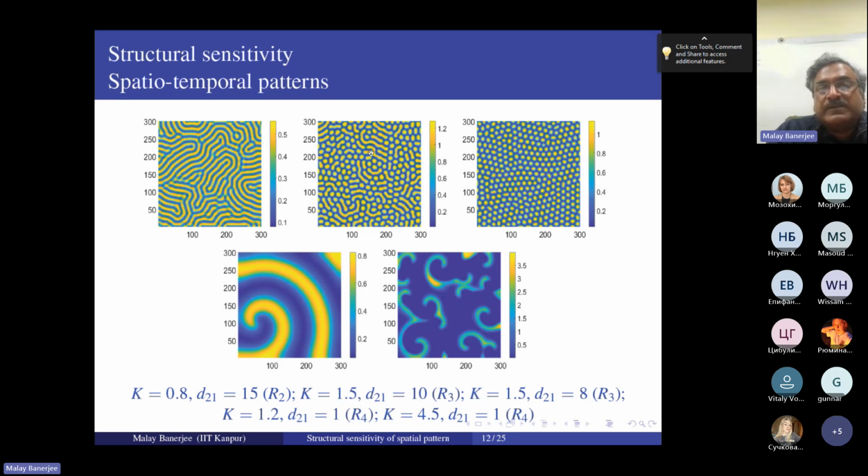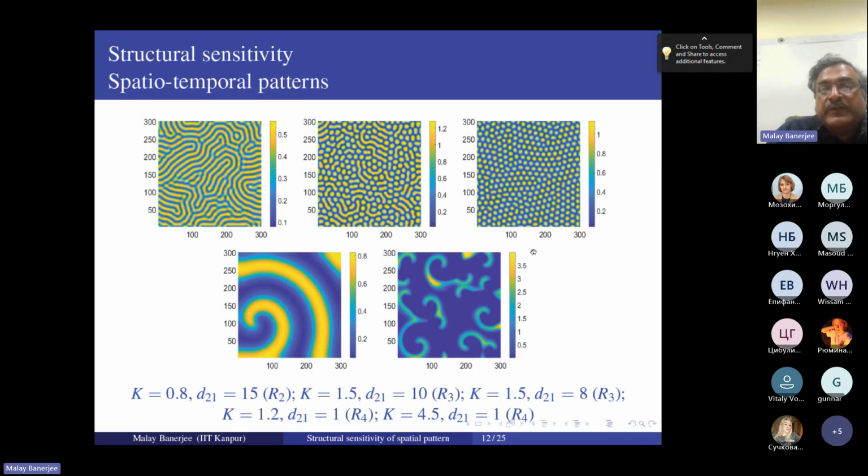This is a mixture of stripe and spot. This is only a spot pattern, and we have checked this simulation by running it over a very long time, so there is no change. So the possibility that this pattern might change to that pattern if we run the simulation for a longer time is ruled out.